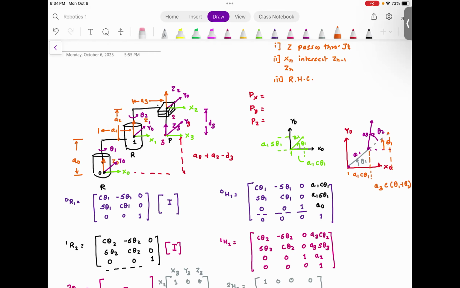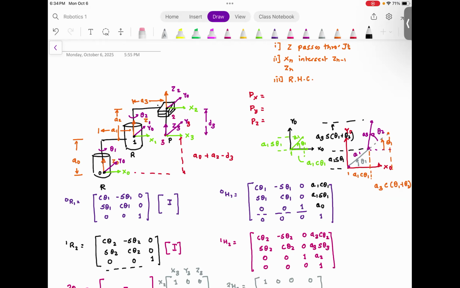Yes or no? Similarly, here A1 sine theta 1, and A3 sine of theta 1 plus theta 2. You agree with me? So you solved the forward kinematics problem without even using any mathematical tools.